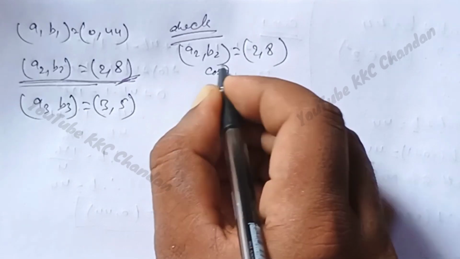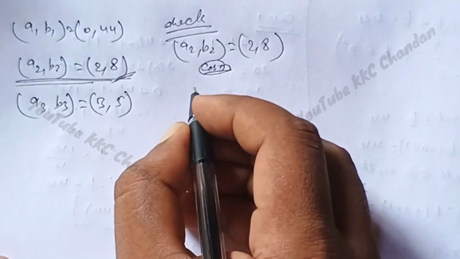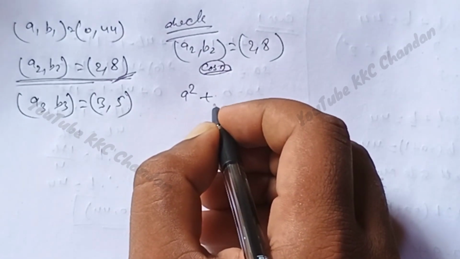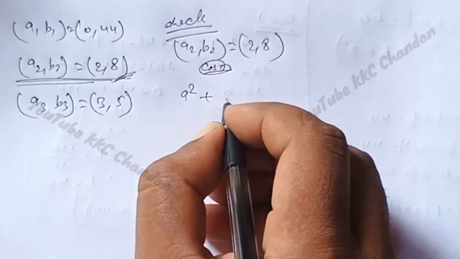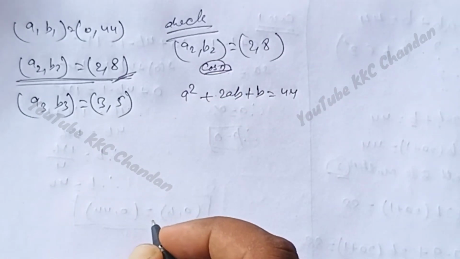Case 2. According to the question, a square plus 2ab plus b is equal to 44.